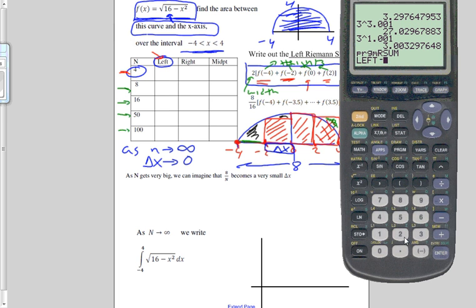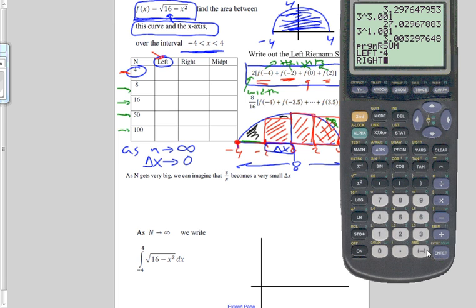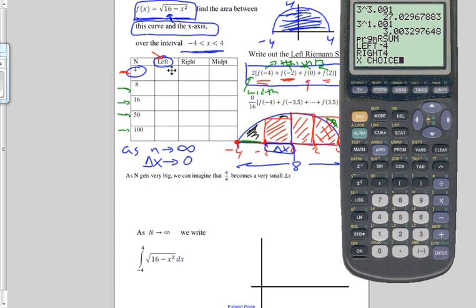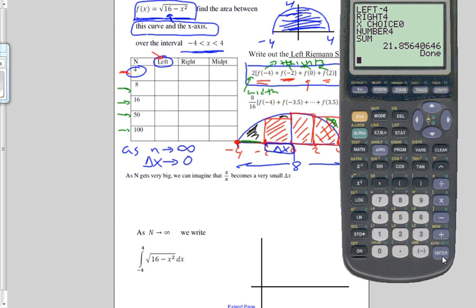Our left bound is -4 and our right bound is 4, and that comes from this interval here. For our x choice, since we're using our left bound, our x choice is 0. And the number, in this case, is 4. It spits out an approximated area for us, 21.86.